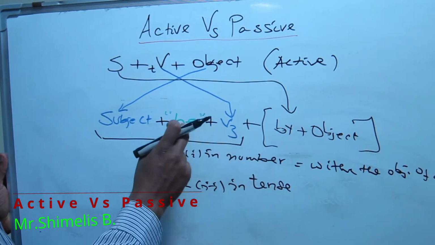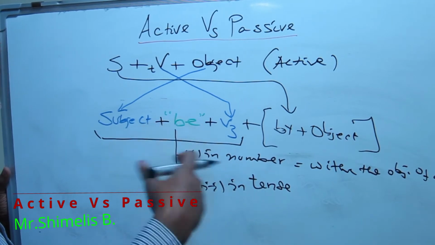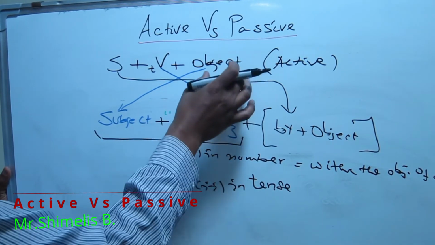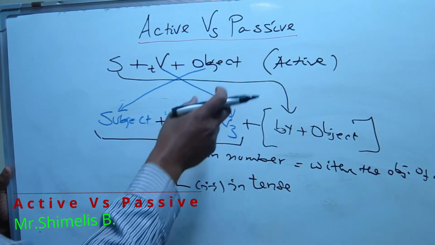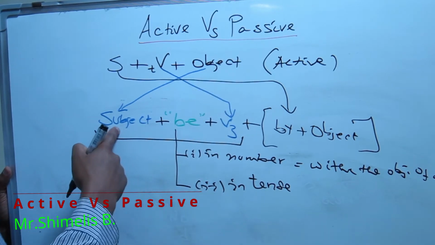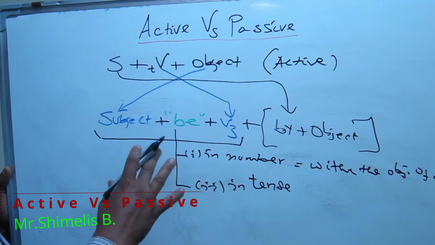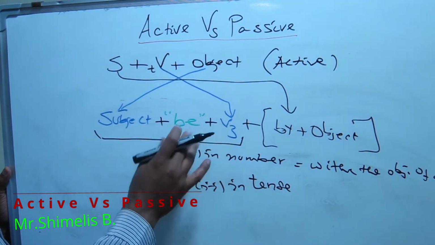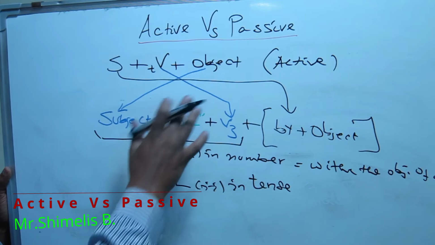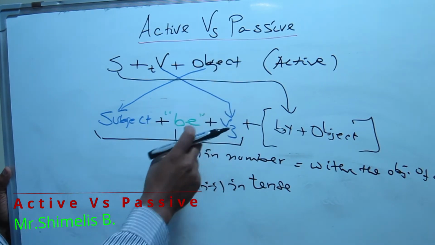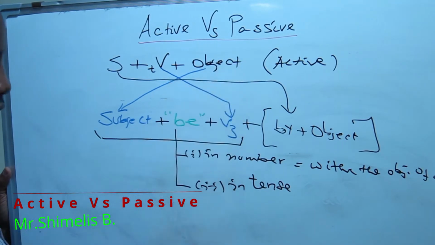So the verb to be varies in number with the number of the object of the active sentence, because it is the object of the active that becomes subject for the passive. There is a notion which says every subject has to agree in number with its verb. So the verb to be agrees in number with the object of the active sentence.